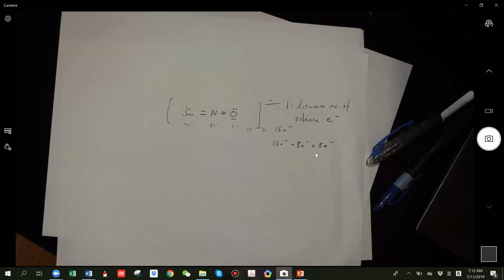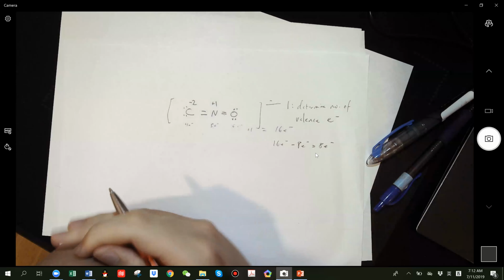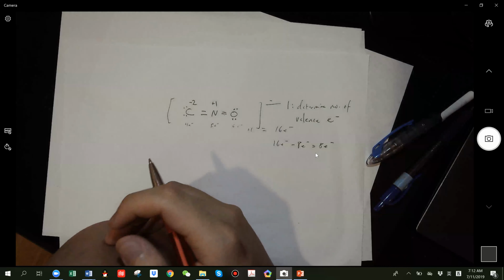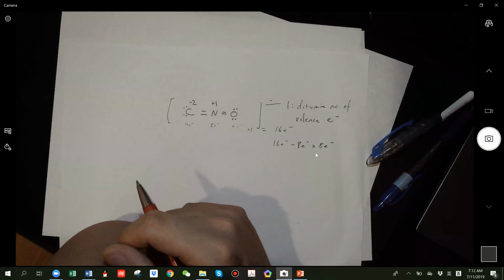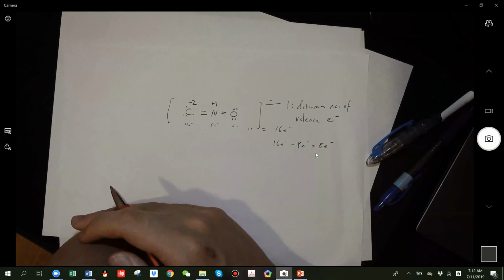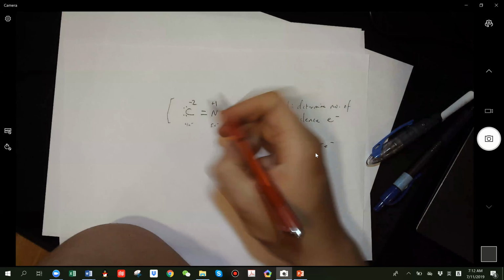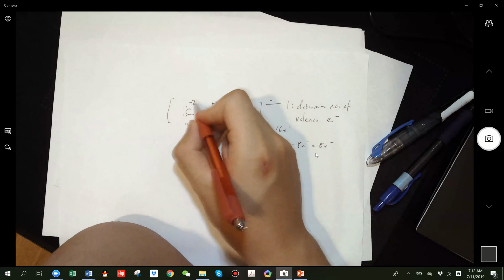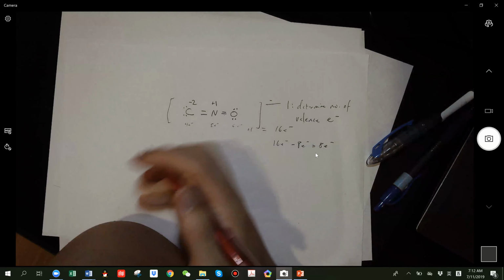Okay, great. So -2 and +1. We get this by splitting all the bonds in half, distributing the electrons in the bond, and then comparing that to the amount of electrons that the neutral atom would have. So we have this 2- charge, which is very unfavorable. This resonance structure is not so good.